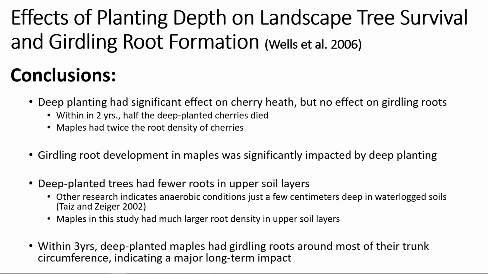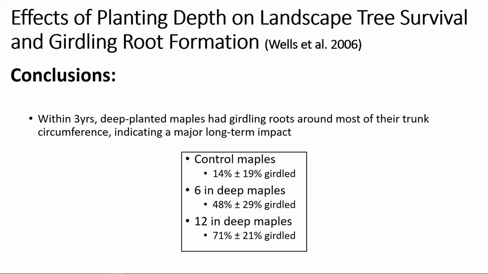And then finally, on the next slide here, I'll have some numbers about red maples and how much of their trunk was constricted. So 3 years at the end of the study, the control maples had around 14%, give or take, of their trunks girdled, where the 6-inch deep maples had up to 48%, and the 12-inch deep maples had 71% of their trunk encircled by girdling roots.